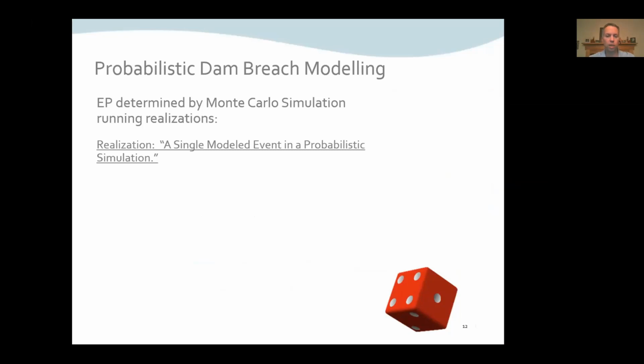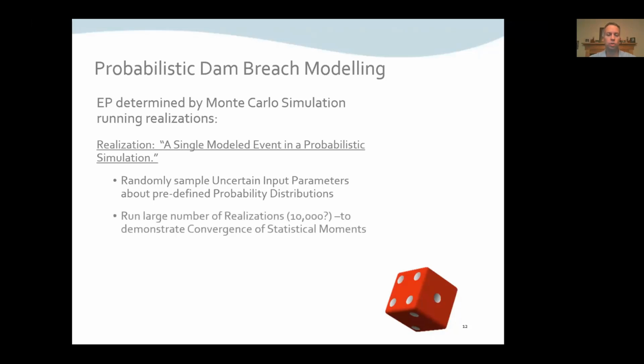Well, in order for Monte Carlo to work, we need to do many realizations. In fact, we need to do enough realizations to demonstrate that we have achieved a convergence in the statistical outcomes. So the way this works is you randomly sample the uncertain input parameters, and you do this about predefined probability distributions.